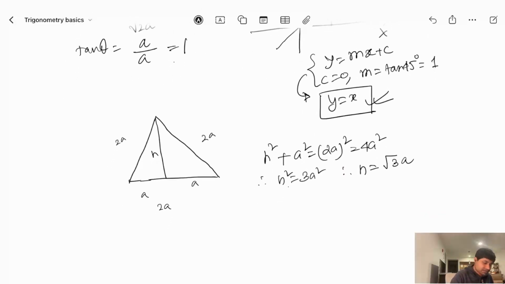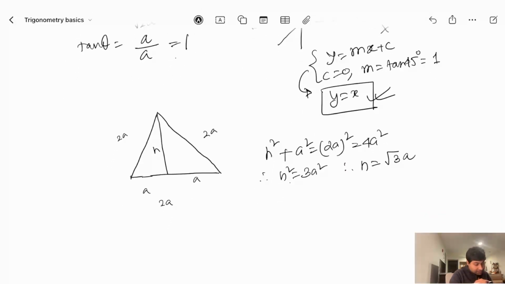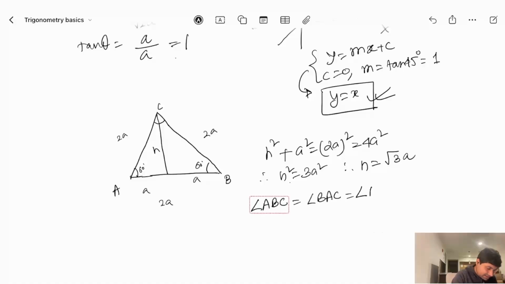Now one of the interesting things is here, as everything is equilateral, all the angles, this is 60, this is 60, and this entire thing, if I just consider a, b and c, then ACB is also 60. So I can just simply say ABC, BAC and ACB, everything is actually 60 degree.